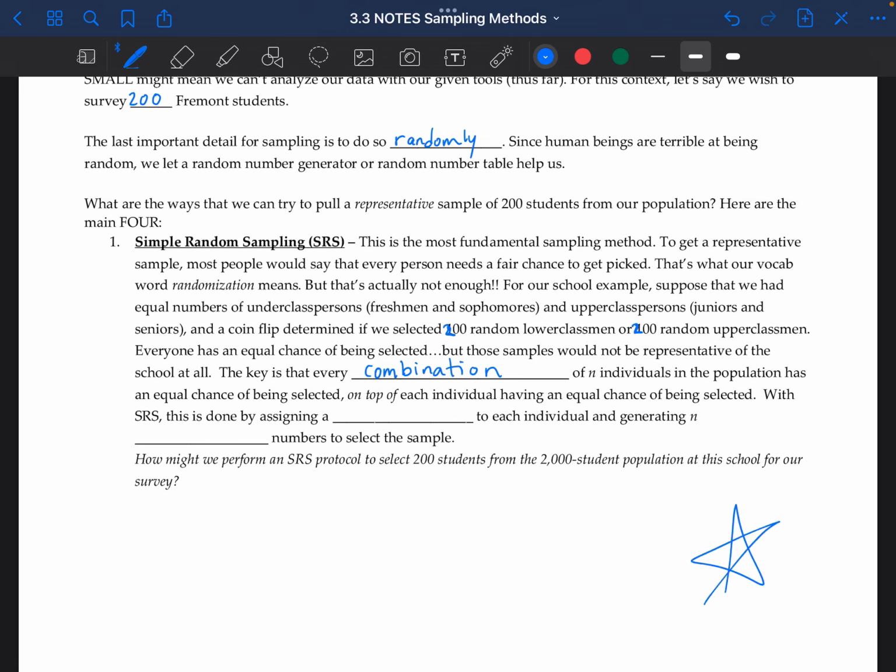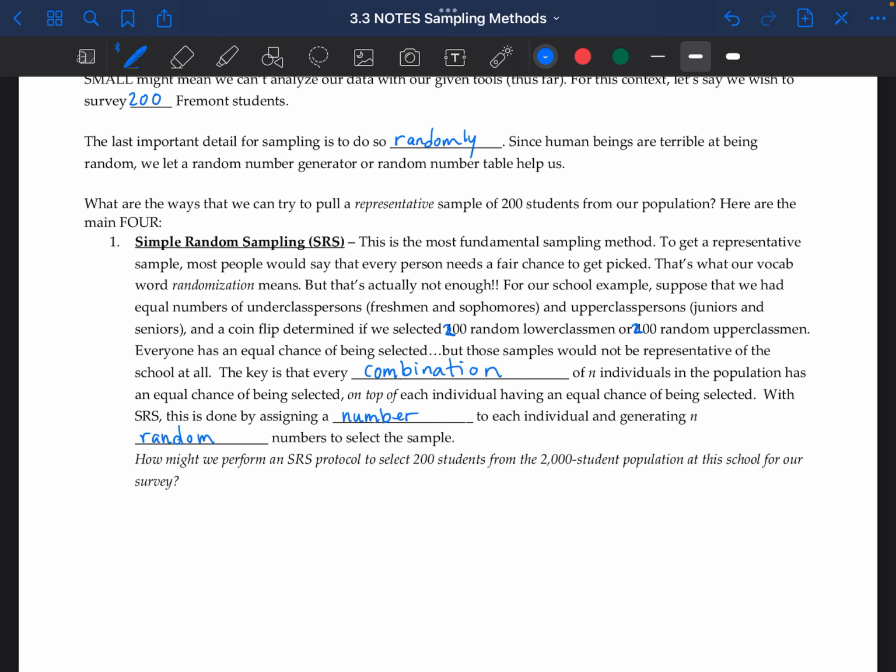So this is done by assigning a unique number to each individual and generating random numbers to select the sample.